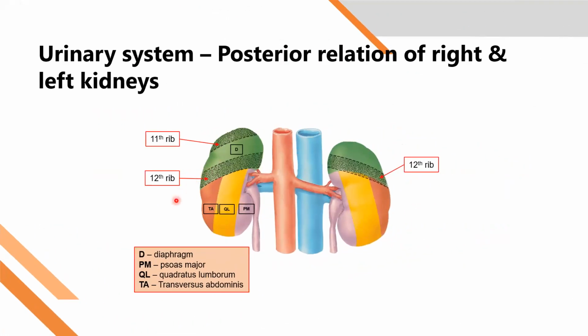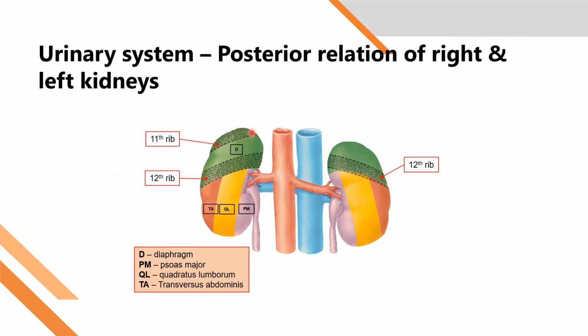And these are some of the relations of the right and left kidney. This is the posterior relation. For the anterior relation, there are many structures like the stomach, duodenum, and the large and small intestine. I just want you to memorize the posterior relation of the right and left kidney.